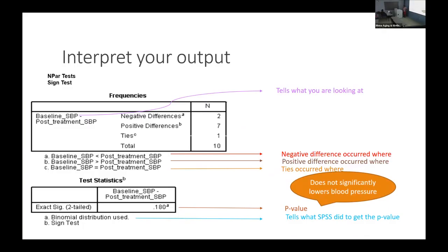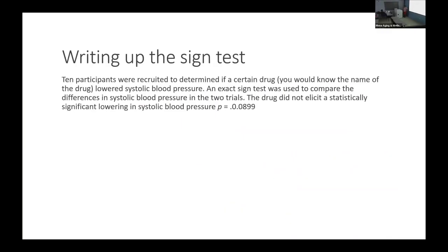So based on this p-value, what's our conclusion gonna be? Are we gonna reject H0 or are we gonna stick with the previous conclusion? We will not reject H0. What we're gonna say is that we do not have evidence that this drug significantly lowers blood pressure.